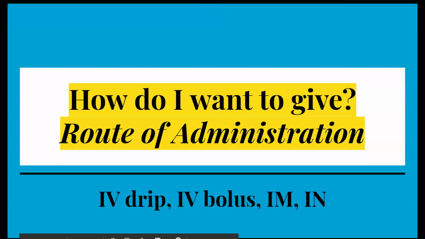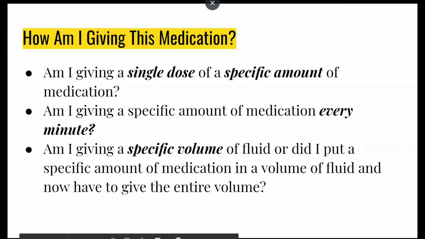Different routes, okay? These are the ones that we most commonly work with, here on the bottom. Again, this comes back to remembering what your protocols are and how each medication is expected to be administered. Are you giving a patient a single dose, or a specific amount?